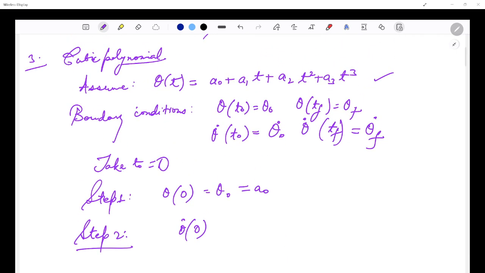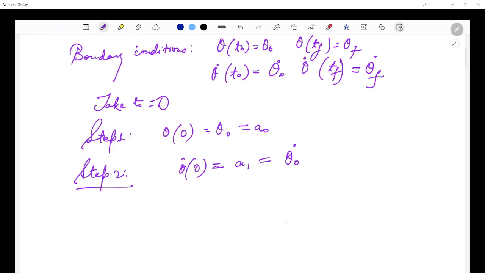We have to differentiate theta t, so we'll get a1 plus 2a2 t plus 3a3 t square, right? So it would be a1, which is equal to theta naught dot.